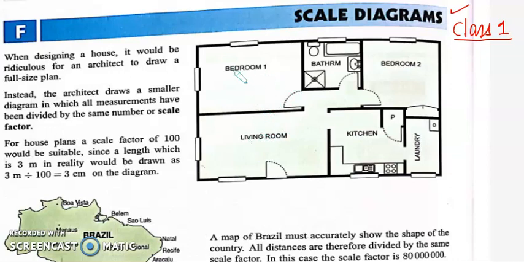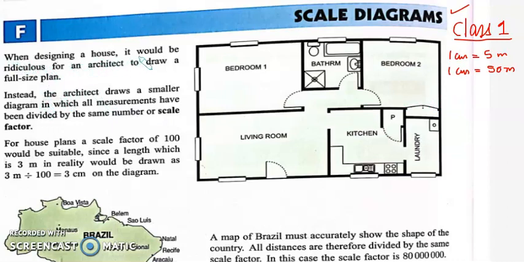So if the length on the diagram is, say, 1 centimeter, that could represent 5 meters on the ground, or 1 centimeter could represent 50 meters on the ground, depending upon what is to be represented.